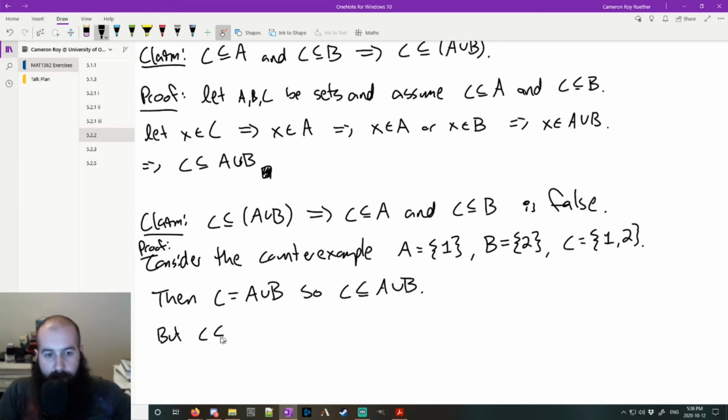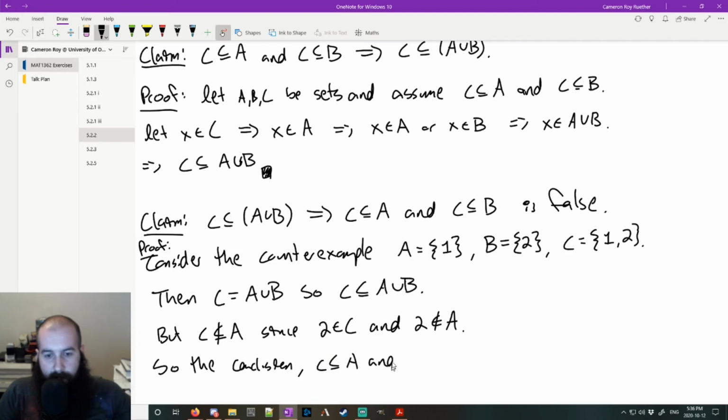But C is not a subset of A, since 2 is in C and 2 is not in A. So the conclusion that C is a subset of A and that C is a subset of B is false. This counterexample satisfies the assumption but does not satisfy the conclusion, therefore showing that the overall implication is false.